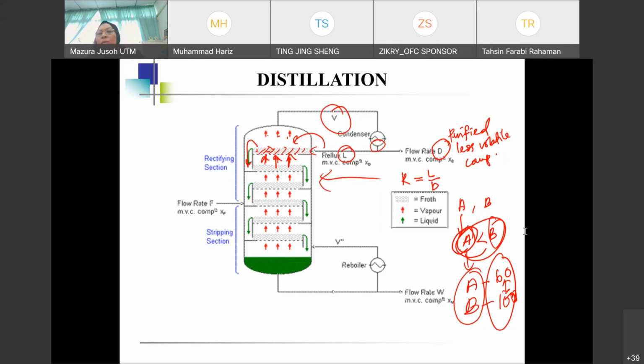We have 3 answers here. I want more of you answering in the chat box. Why do you think you need the reflux? One is to avoid wastage. The next one is to improve the purity of distillate, or to continue distillation.